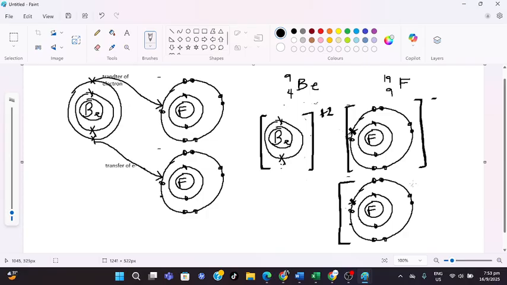And these are very, very strong bonds, extremely strong bonds. Chemical formula will be BeF2. So there is one Be and 2 fluorine.